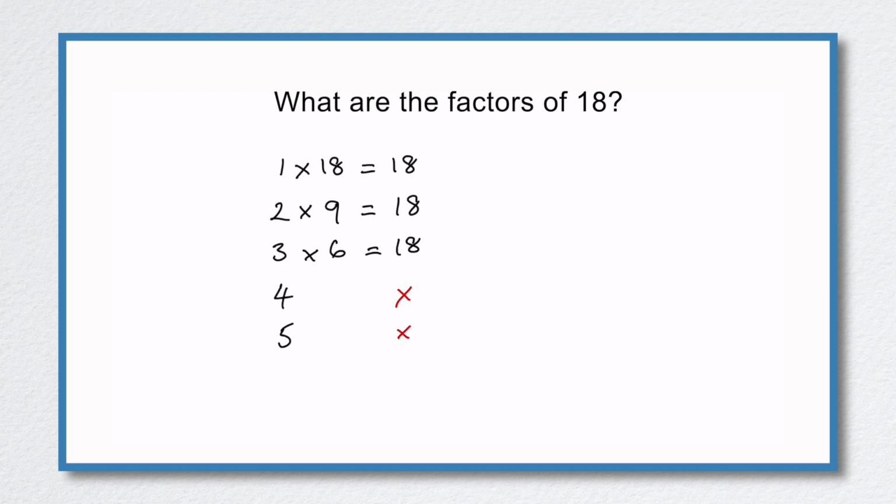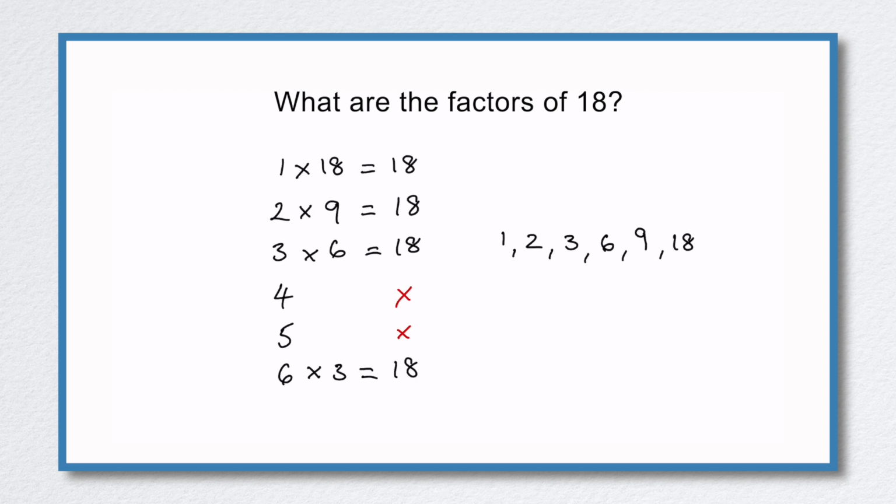If we then move on to 6, well, we know that 6 multiplied by 3 is equal to 18. We've already done 3 and 6. So the factors of 18 are 1, 2, 3, 6, 9, and 18. So that's how we can find the factors of a number.